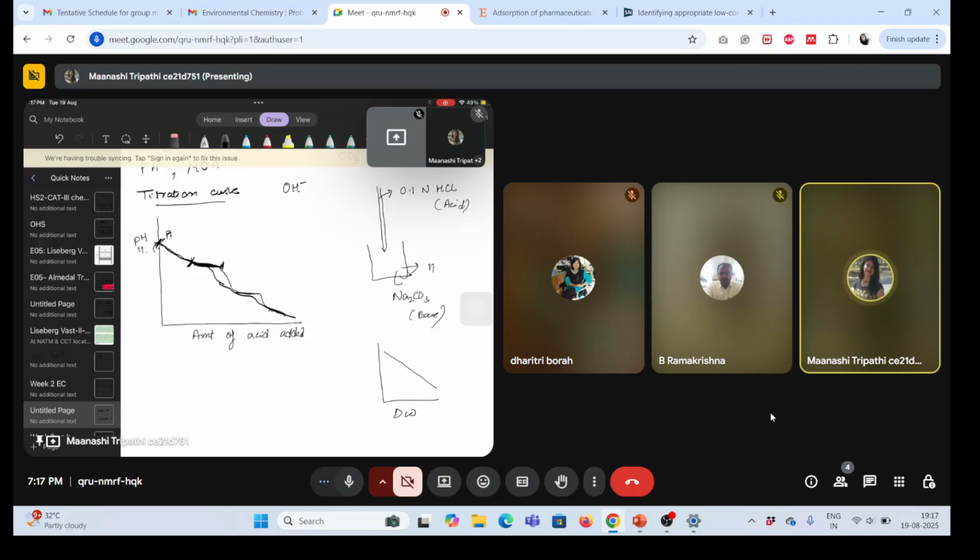Na2CO3 is also a carbonic acid system, with some salt, so we are looking at this basic salt. The equivalence point is this pH. Actually, this will be pH 11.2. So this is the equivalence point of this acid system.